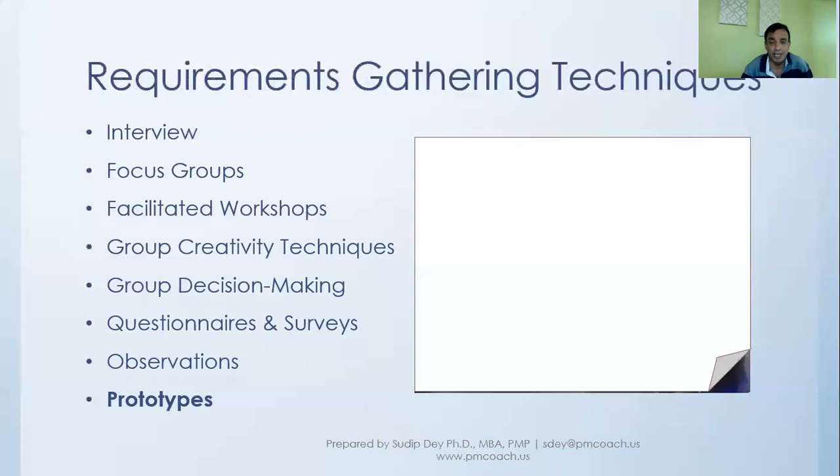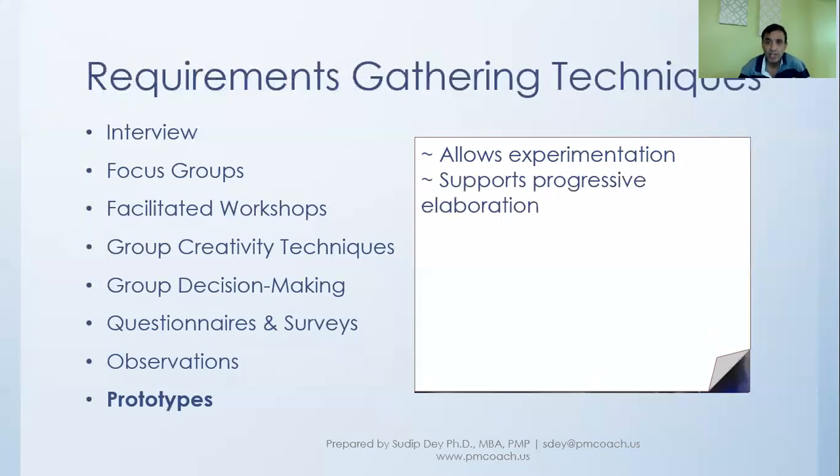So prototyping techniques allow for experimentation, because it doesn't cost much in terms of effort and finance to experiment, make changes, and so on. It supports progressive elaboration. Progressive elaboration is about, as you move forward, you keep on expanding the requirements as you learn more and more. So that is something that you can do here.